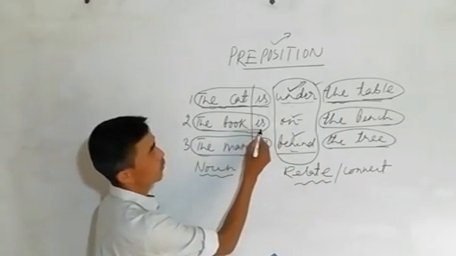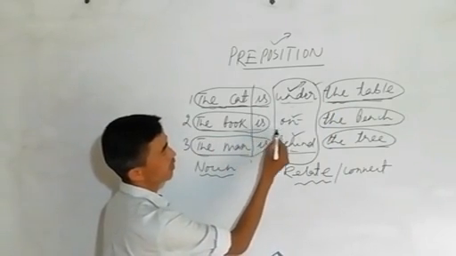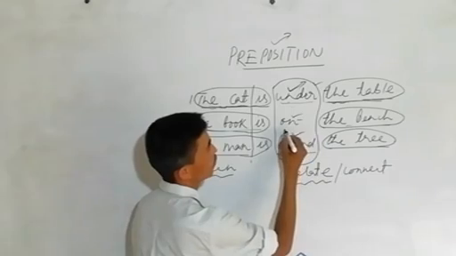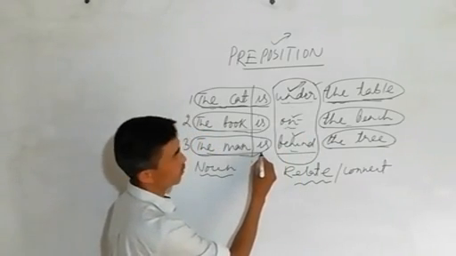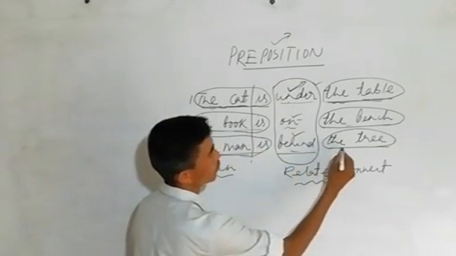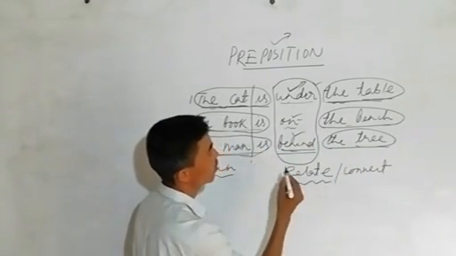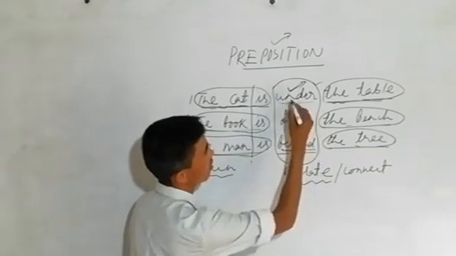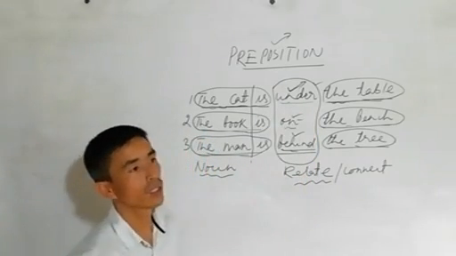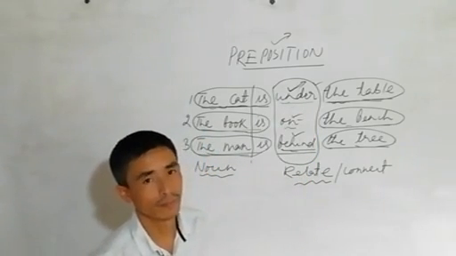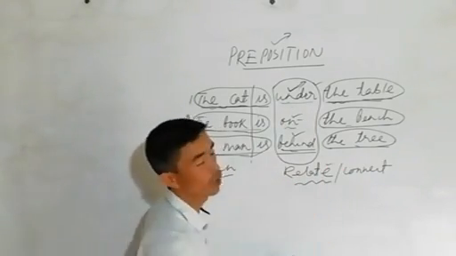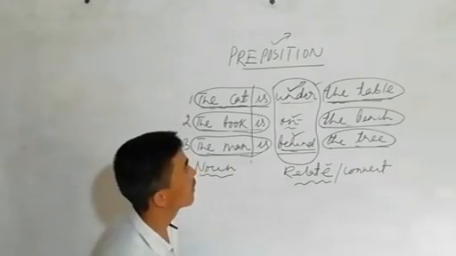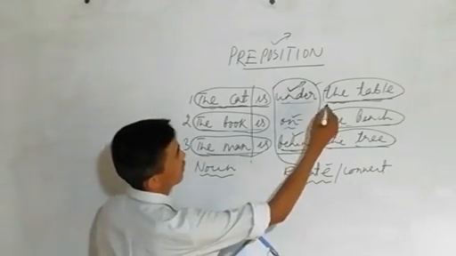The book is related to the bench by on. The man is related to the tree by behind. So these relating words are what we call prepositions, or relating words.